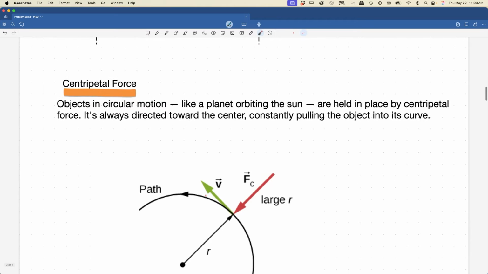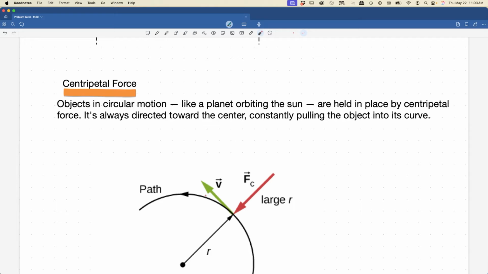Centripetal force. This is a force that acts on objects in circular motion, like a planet orbiting the sun. Objects are held in place by the centripetal force. That means they are compelled to move along that circular path because of the centripetal force.